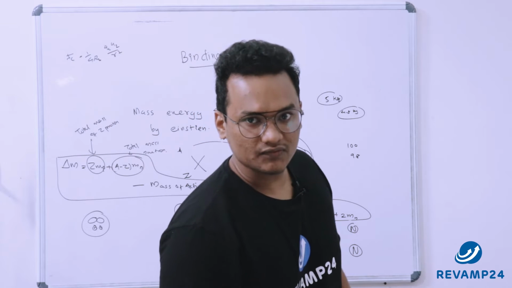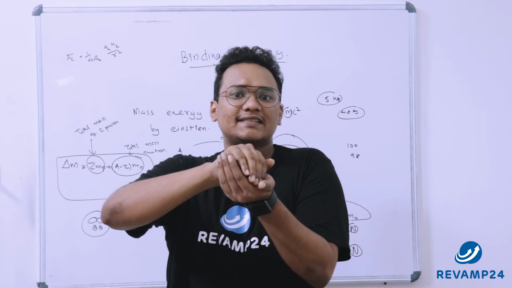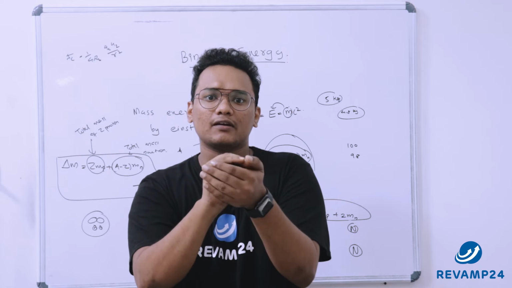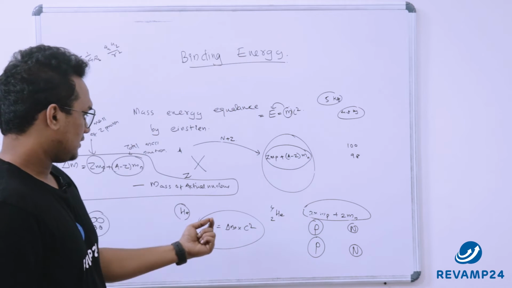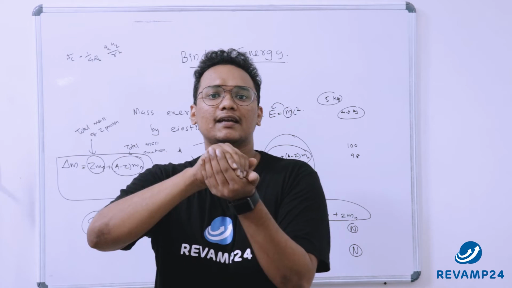To overcome this force, a high amount of energy needs to be stored inside the nucleus so that everything can be bound and enclosed in a small entity called the nucleus. So this much energy, delta m c squared, is present inside the nucleus.